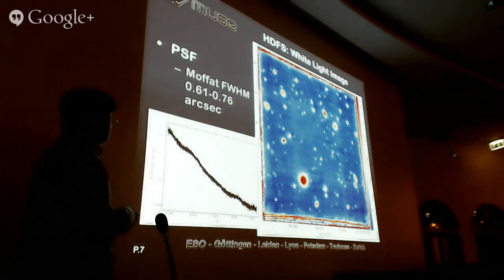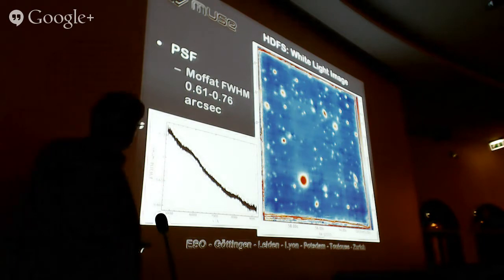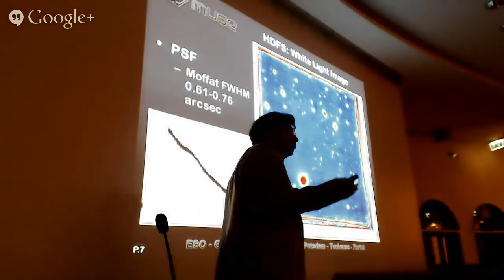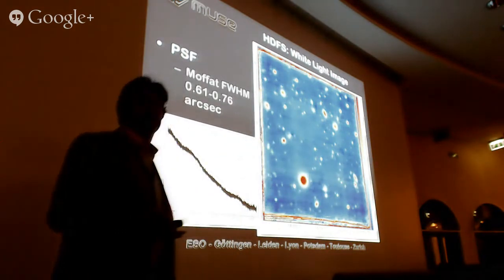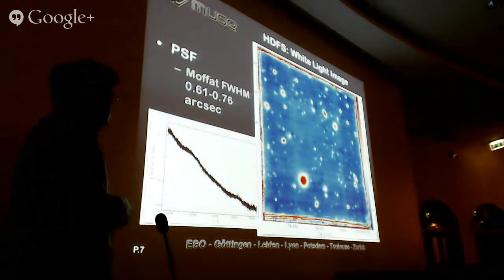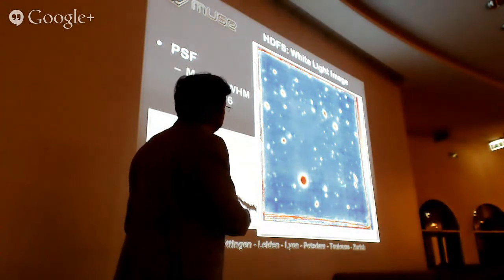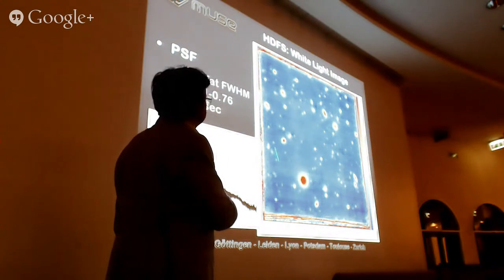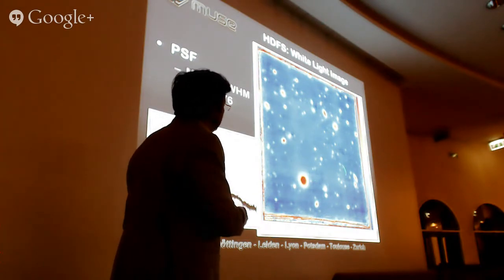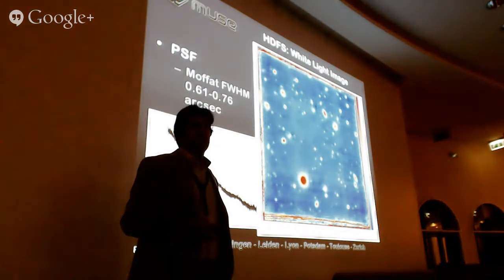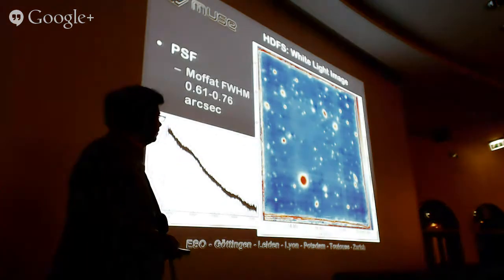But we have a mean PSF of 0.7 or a bit less, and for 27 hours of accumulation, I think this is quite fantastic. It also shows that it's really limited by the atmosphere, so we will do even better when we have the adaptive optics. You see quite a number of galaxies, and on the right, that's the bright star. So we are going to explore that all together.